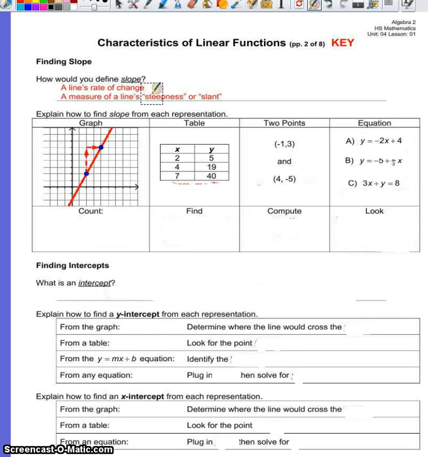And in order to find your slope, if I'm looking at a graph, I know that I have to count rise over run. So I'm going to count how far up it goes and how far over it goes, correct? So for this one, if I'm looking at one of my coordinates, I have to go up so many points and over so many points. Let me try that again. That's a little bit big there.